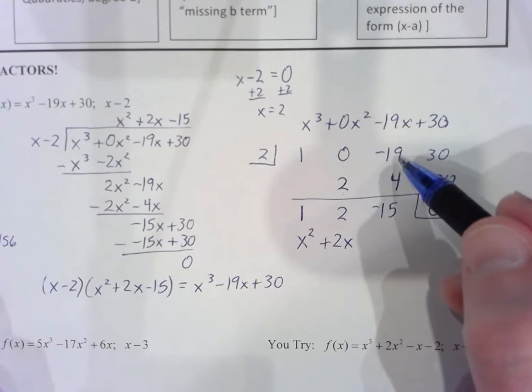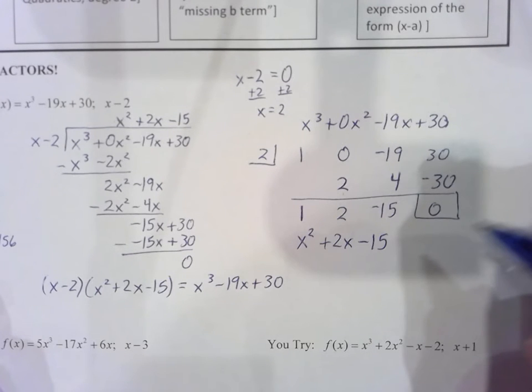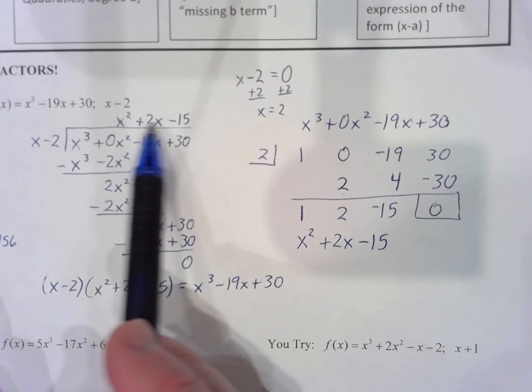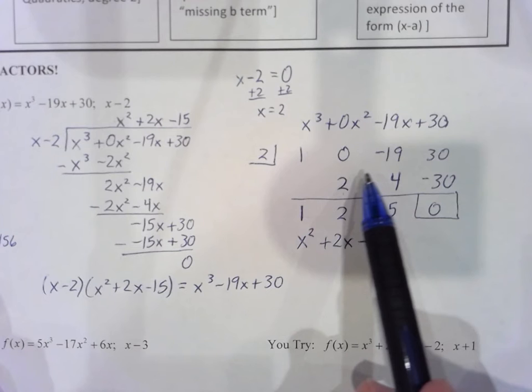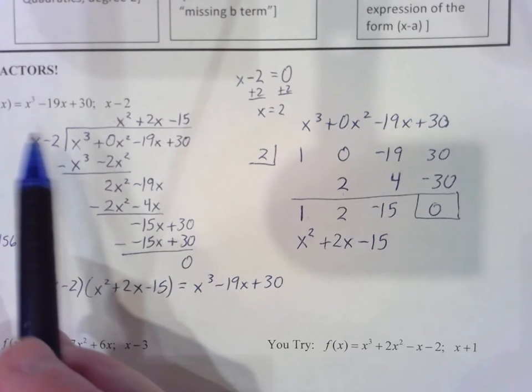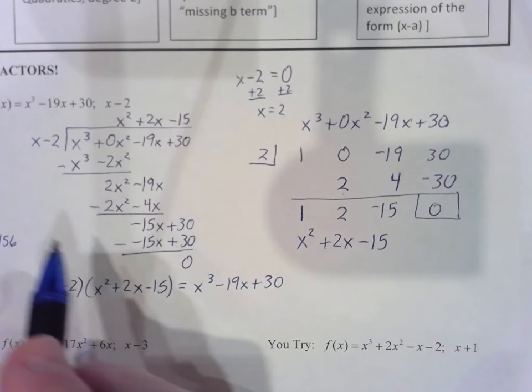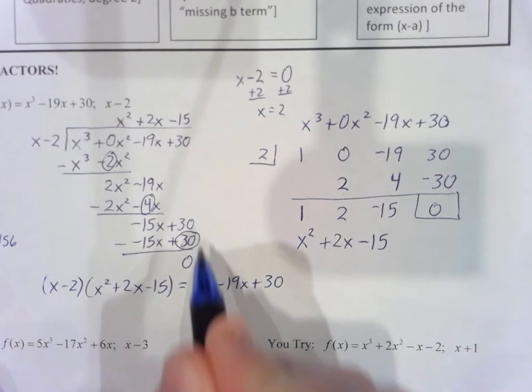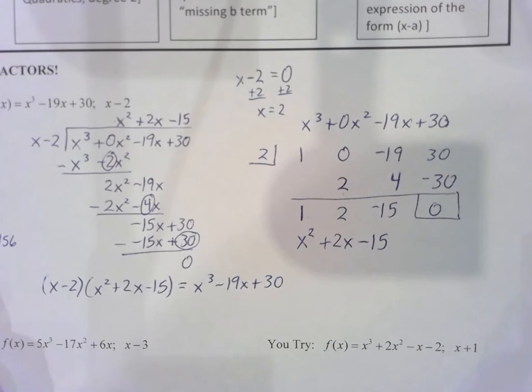And then the x term, we took away the x, and we're left with a constant, negative 15. So the numbers on the bottom are the same as the coefficients at the top of our long division. The numbers here in that second row, after we multiplied by 2, are the 2, 4, and 30 that we found in the long division.